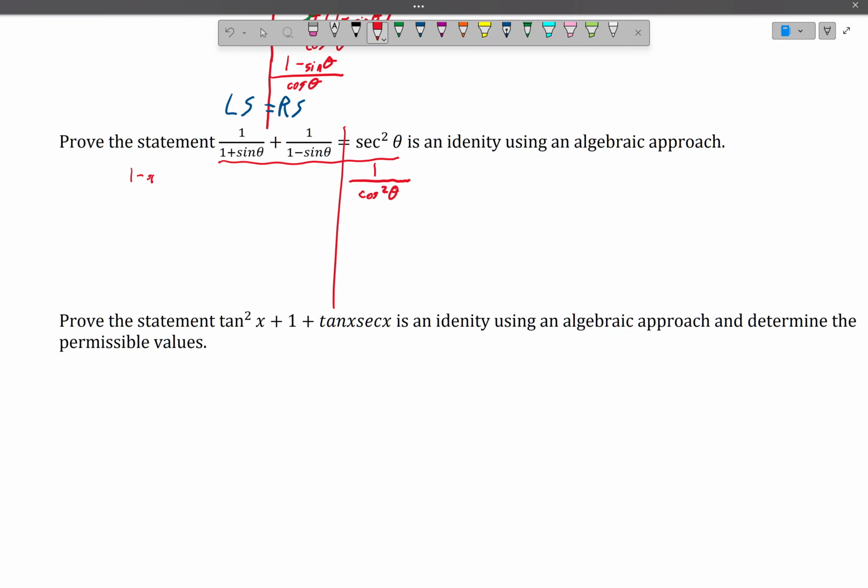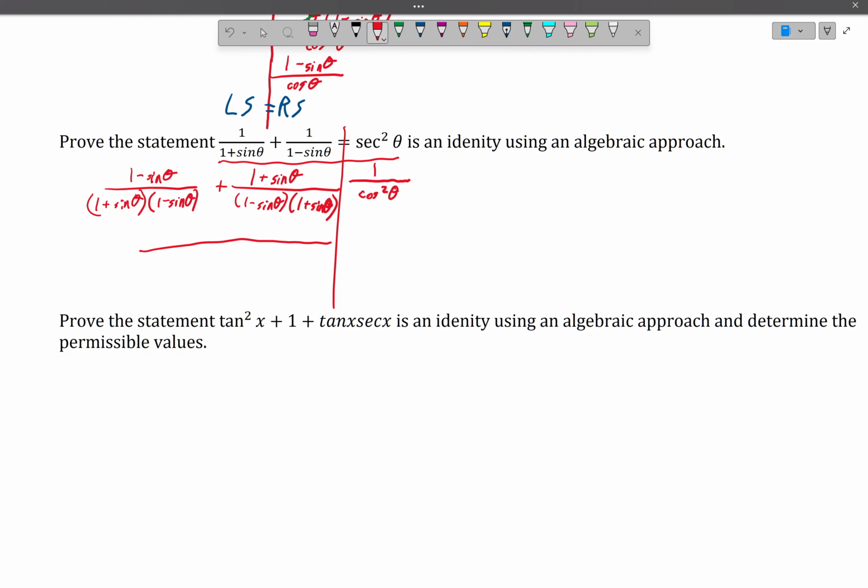So 1 minus sine theta over 1 plus sine theta times 1 minus sine theta plus, and then on this side we've got 1 plus sine theta, and then here we've got 1 minus sine theta, 1 plus sine theta, which obviously the two fractions have the same denominator.